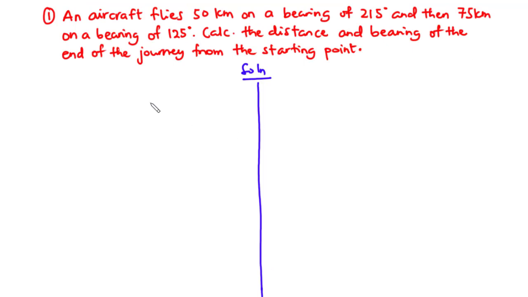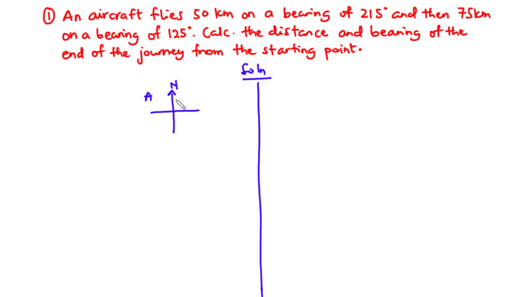So from the question, we are told that an aircraft flies 50 kilometers on a bearing of 215 degrees. So we are going to consider the starting point of the aircraft to be point A. So assuming that this is point A and this is our north, we are going to take the bearing 215 degrees.